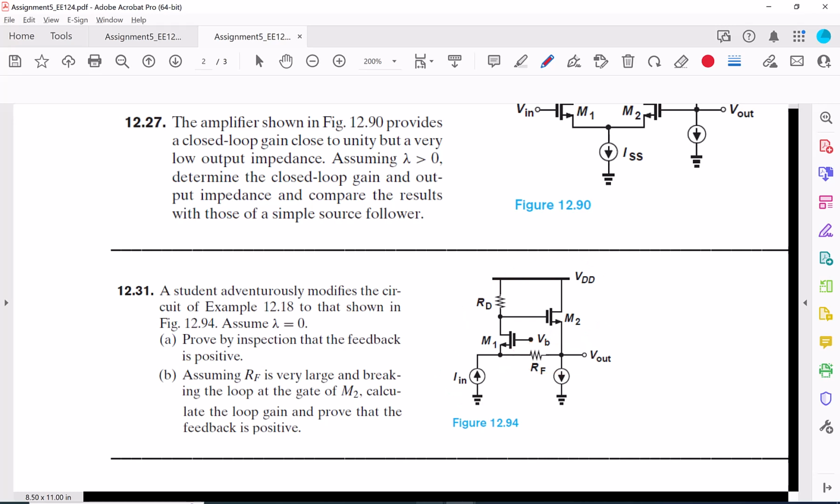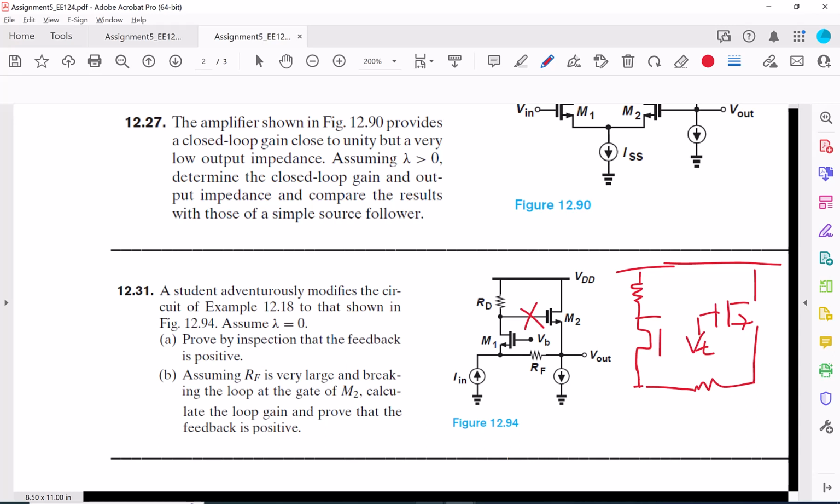So I'm going to cut the loop, and here I tell you to cut the loop at the gate of M2, maybe easier. So I cut here, okay? Then what do you do? I will apply a test voltage, I call it VT, to here, and then I will start seeing how this works.